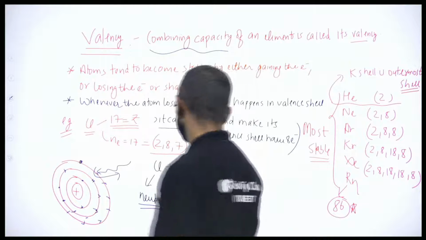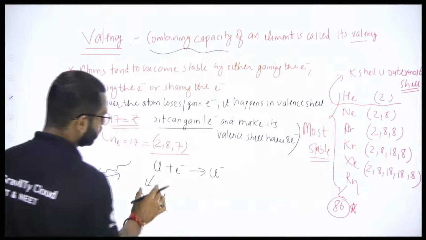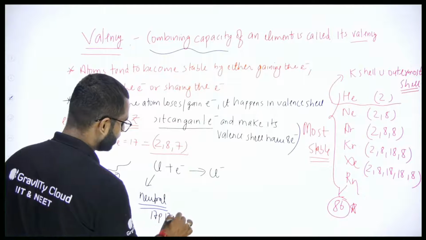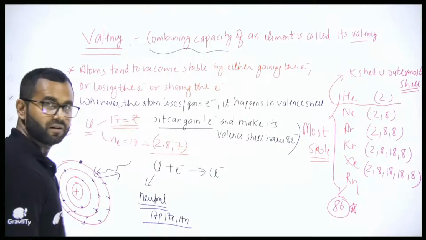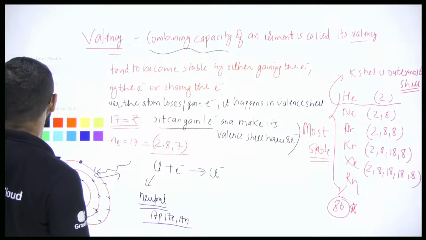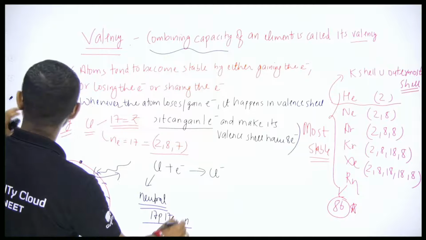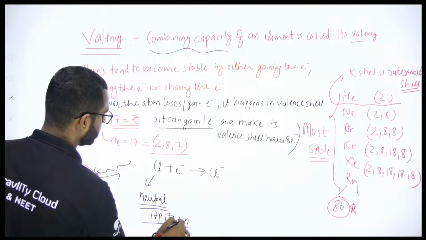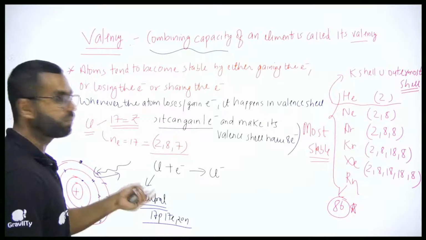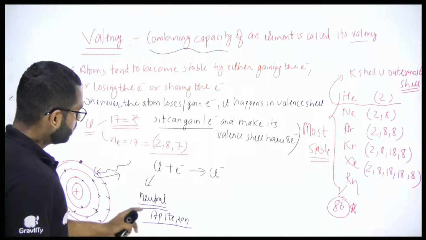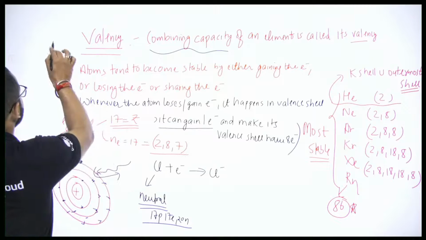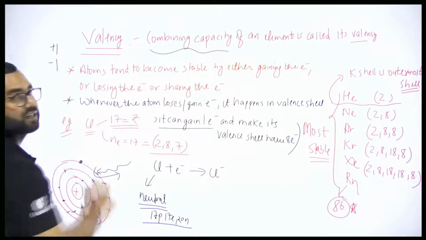Why? Because this chlorine neutral atom has 17 protons, 17 electrons, and suppose 20 neutrons, an isotope of chlorine. We know one proton has +1 charge, one electron has -1 charge.